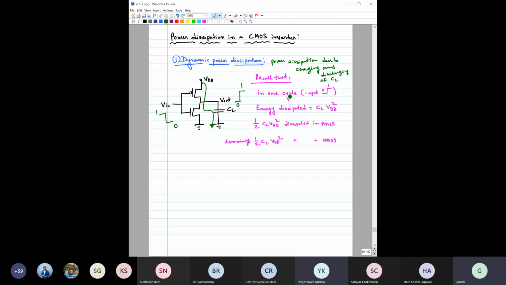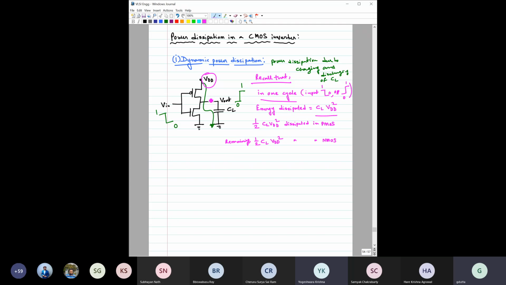In one cycle, when the input is changing from 0 to 1, let me also write that the output is changing from 0 to 1. For this case, what is the total energy dissipated from this VDD? We have done this exercise, recall.